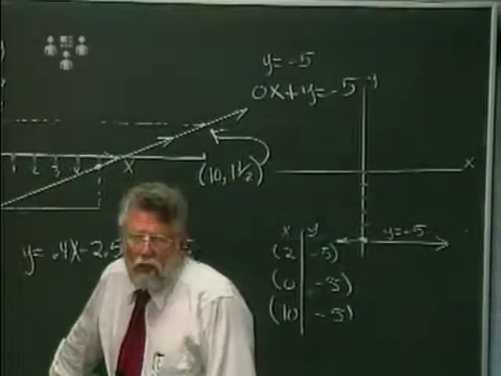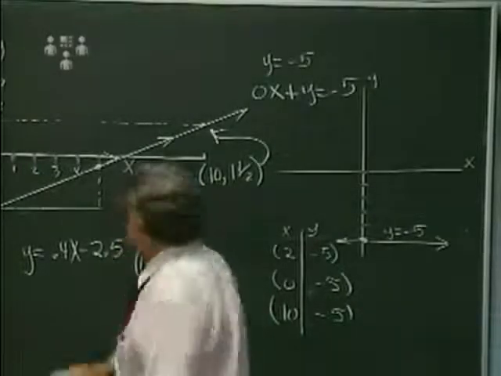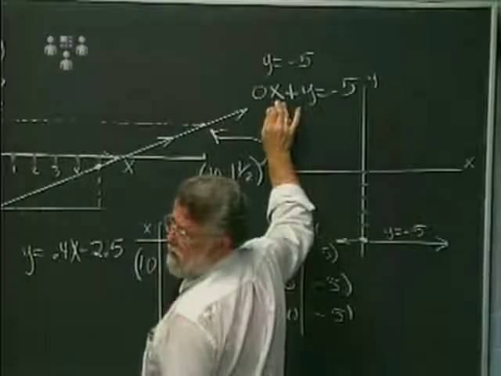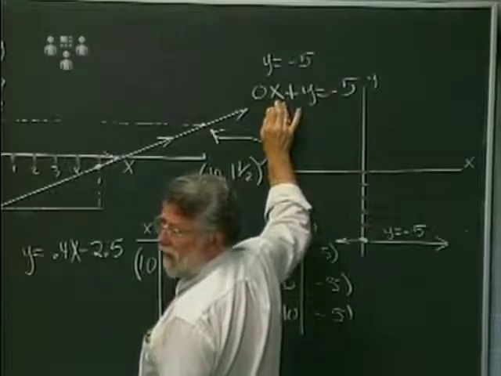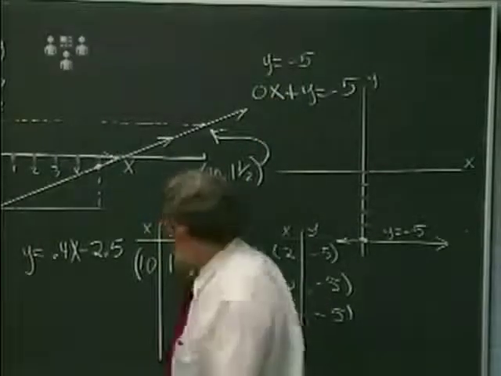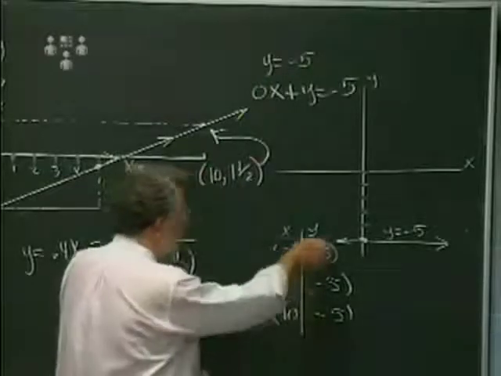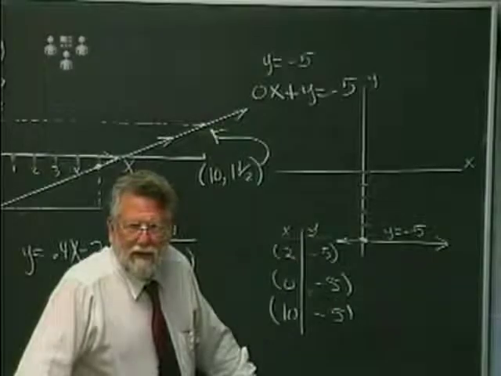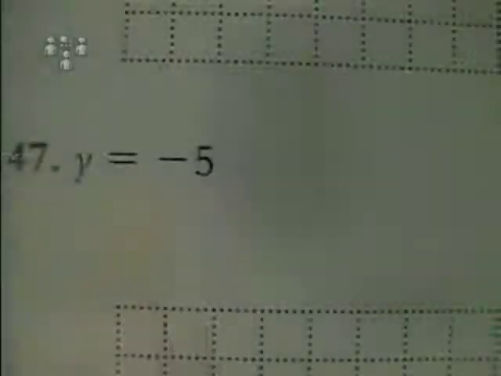It's the same as the equation y equals negative 5. Now, no matter what x you put in here, 0 times x is 0. 0 times x is always 0 no matter what x is. So put in whatever x's you want, y is negative 5. Okay, let's go back to the document camera.